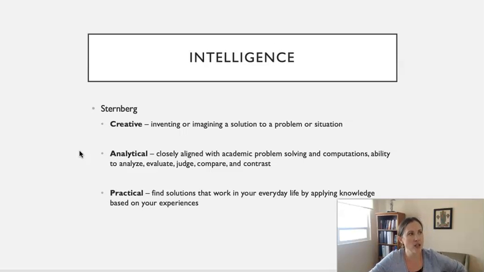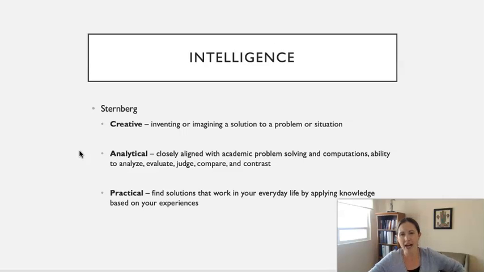So for example, I have okay analytical intelligence, but it's not so great. I didn't get an A my first year of college. Oh well. And so when I was applying for grad schools, for PhD programs, a lot of my classmates who were also applying thought it was hilarious that I thought I could get into a PhD program in psychology because I wasn't even in the top 10 for psychology students at my college.